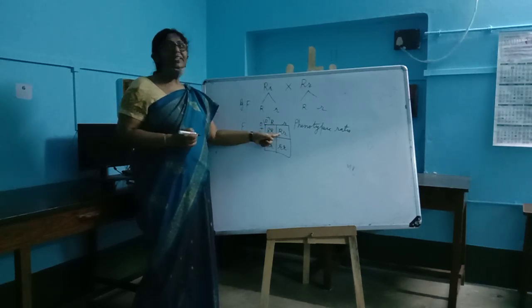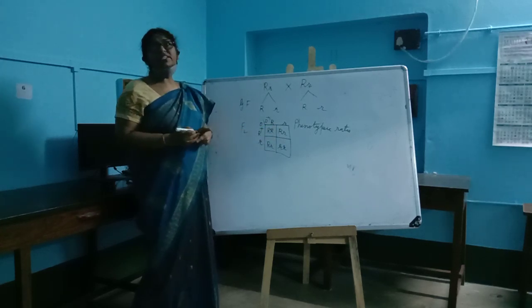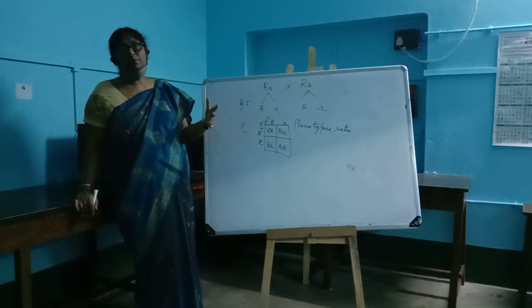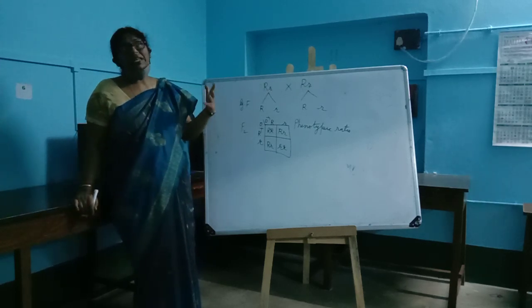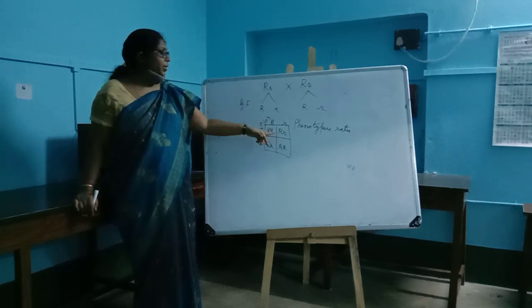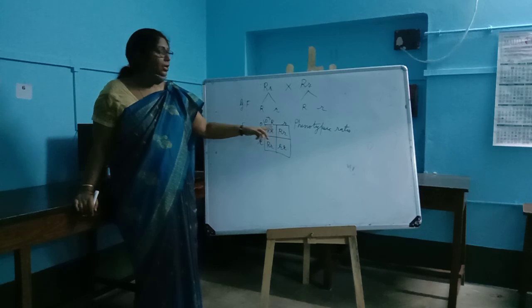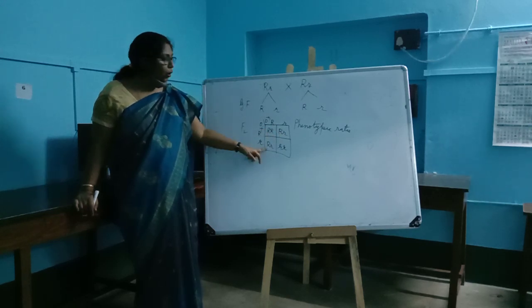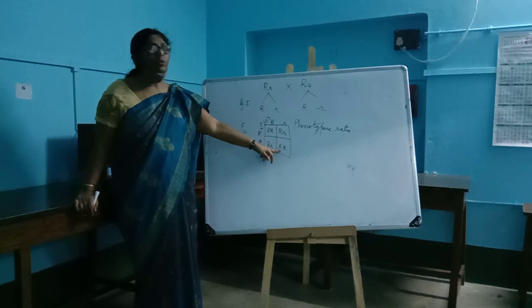What color will this be? This will be pink. I told you it is incomplete dominance, so the condition is going to be intermediate between the dominant and the recessive. It will neither be red nor white, it will be intermediate between the two, so it's going to be pink in nature. So this one will be red, this pink, this one also pink, and this one will be white.